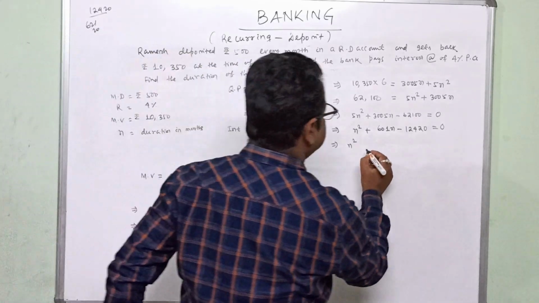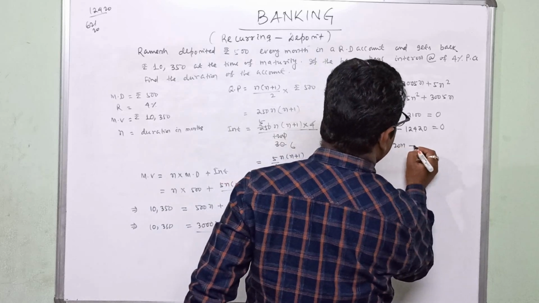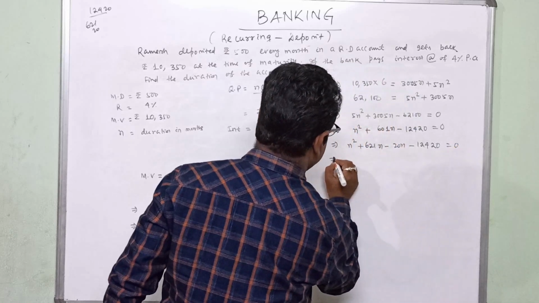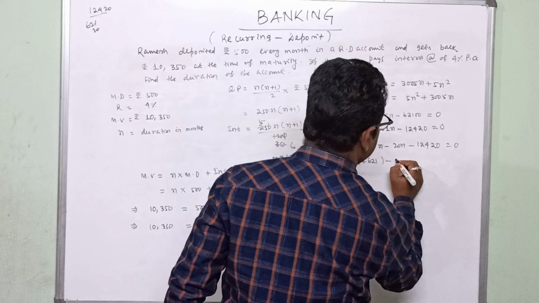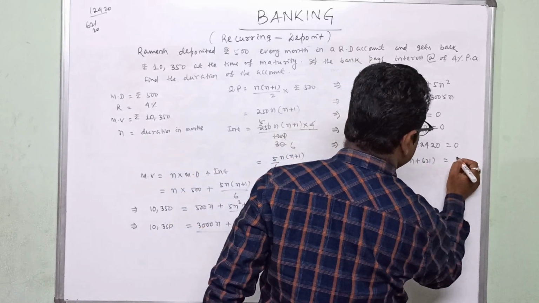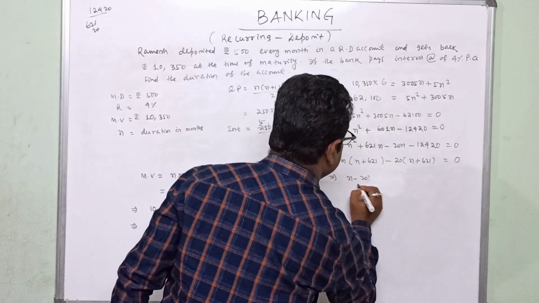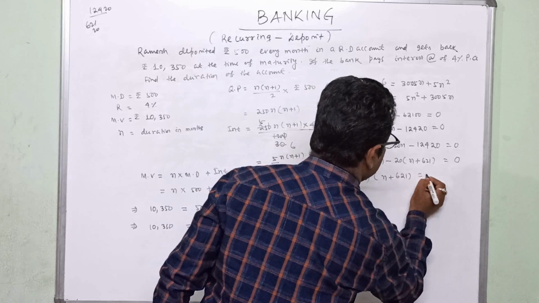So n square plus 621n minus 20n minus 12420 is equal to 0. That implies n into n plus 621 minus 20 into n plus 621 is equal to 0. That implies n minus 20 into n plus 621 is equal to 0.